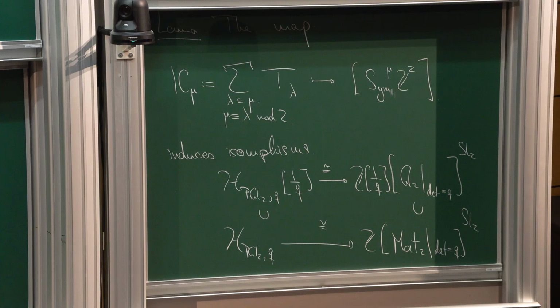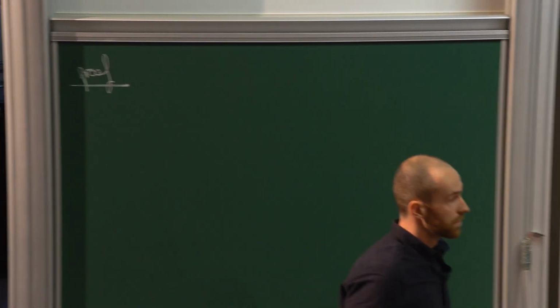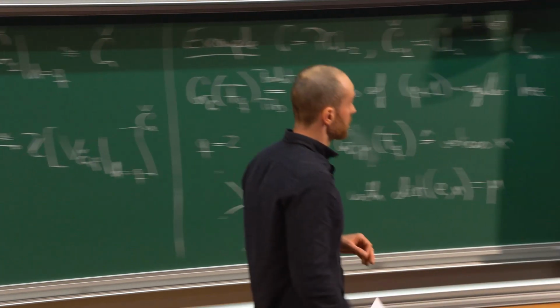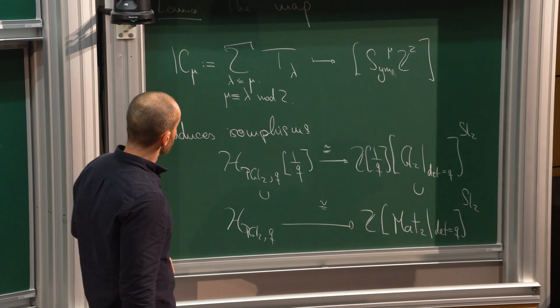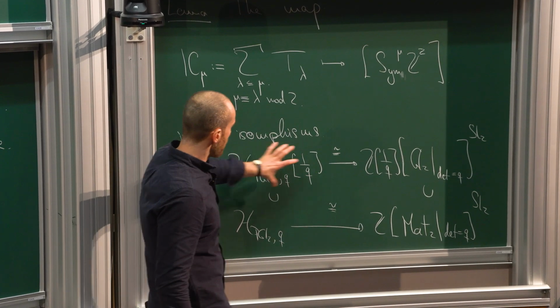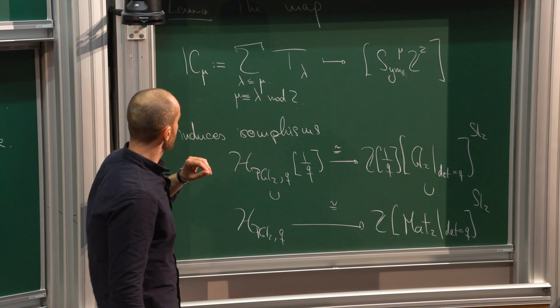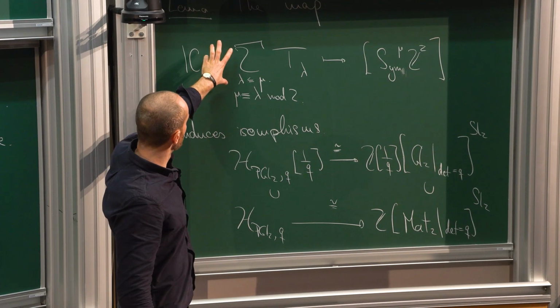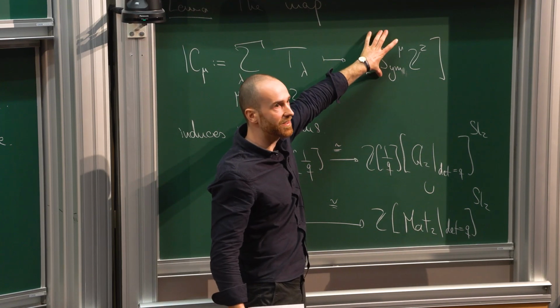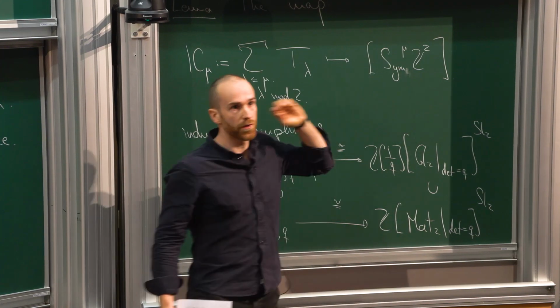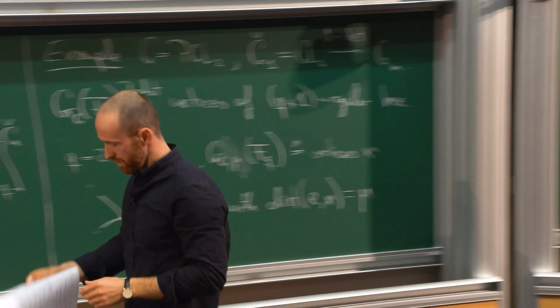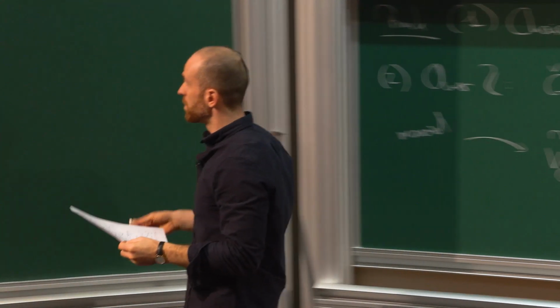And the proof is also not difficult. Maybe you have to know a bit about these rings, but basically you observe that both these guys are Z bases of these rings. And the only thing you have to check is that this is actually a ring map.